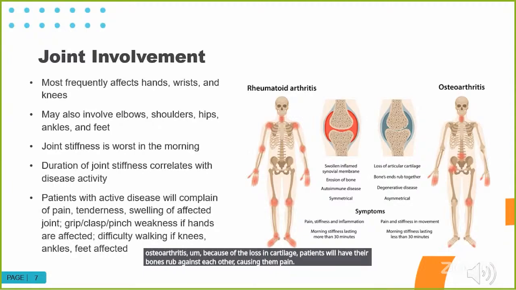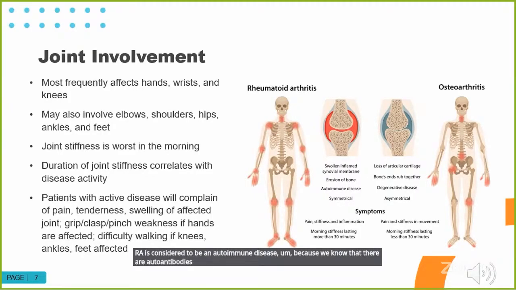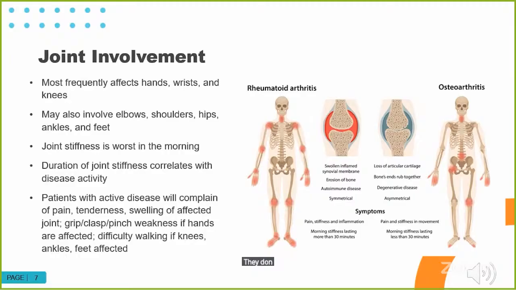RA is considered to be an autoimmune disease because we know that there are autoantibodies that are positive in patients with RA, whereas patients with osteoarthritis have degenerative disease. They don't have autoantibody involvement at all in their disease process.